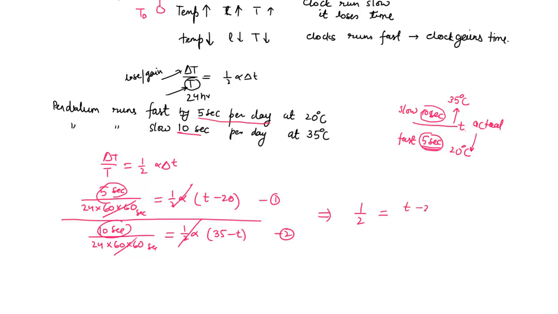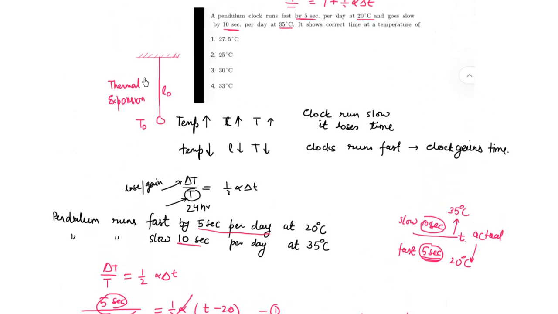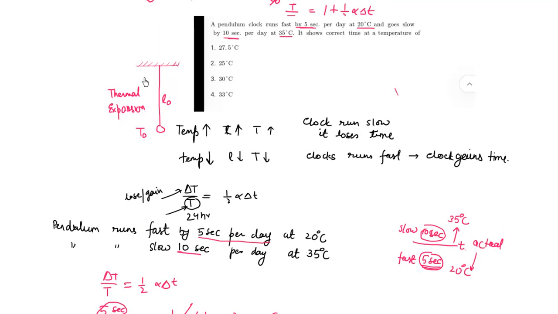So t minus 20 upon 35 minus t equals 1 by 2, so 35 minus t equals 2t minus 40. So 3t equals 75, I mean t equals 25 degrees Celsius. So this is the temperature at which it shows the correct time. So the correct answer is 25 degrees, this one.